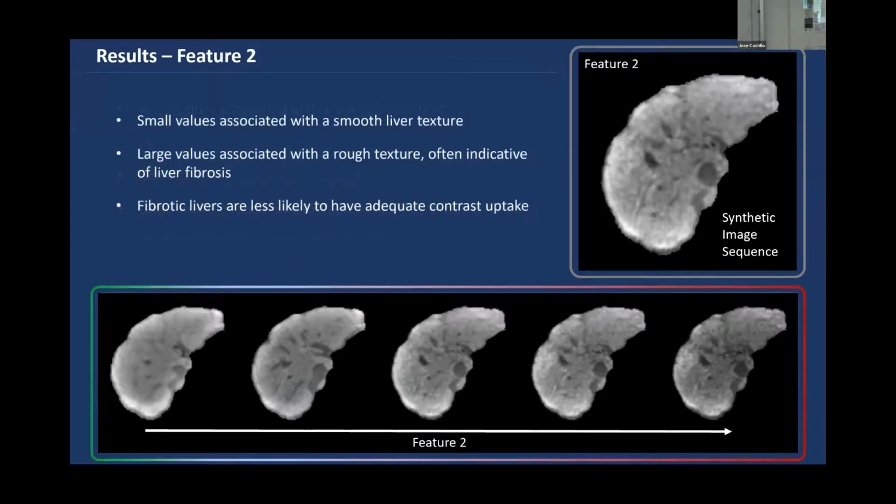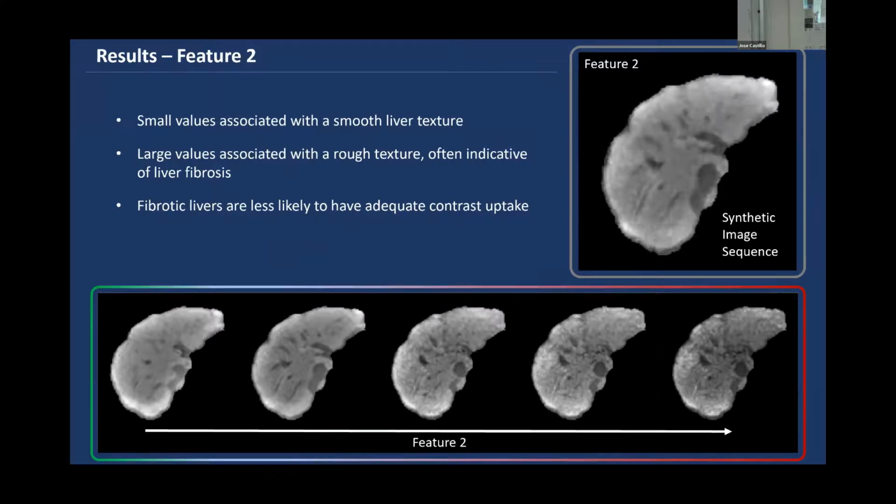For feature 2, this was actually more surprising. The first one, that's what doctors typically look at, right? But low values, you still have this uniform texture. But as we increase feature 2, the liver became even more and more unhealthy. It has this bumpy, and I think a radiologist said gross liver texture.